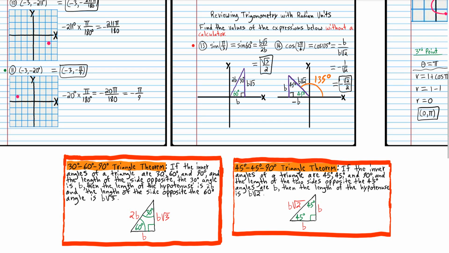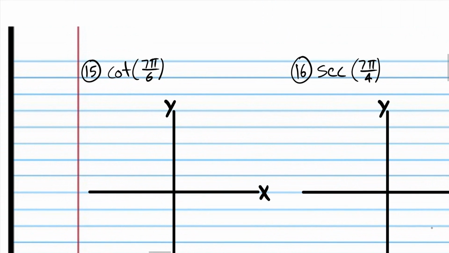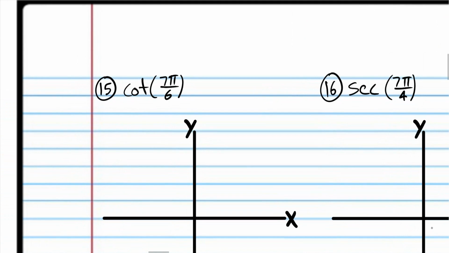Let's try a couple more of these before you try one on your own. Now, you'll notice if you're looking at your radian units, your special angles, pi over 6 is 30 degrees. So 7 times pi over 6 is 7 times 30 degrees, so that would be the equivalent of 210 degrees.